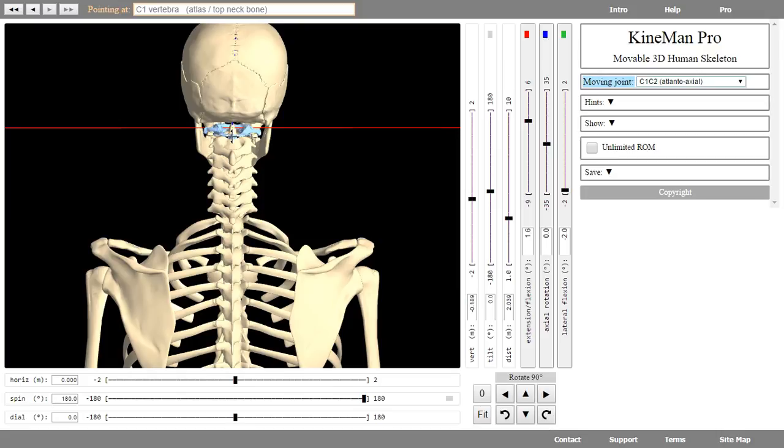For those of you that were not aware, the atlanto-occipital joint is a synovial joint, and this joint allows extension and flexion of the neck. To put things in perspective, it allows you to nod yes.